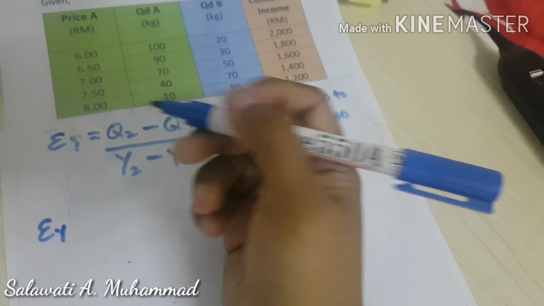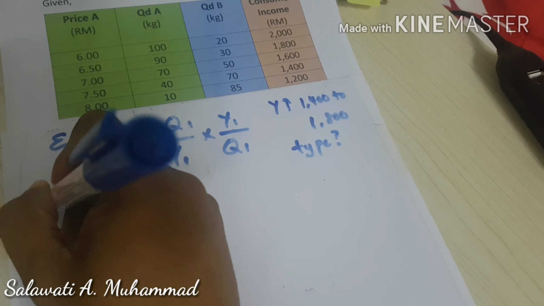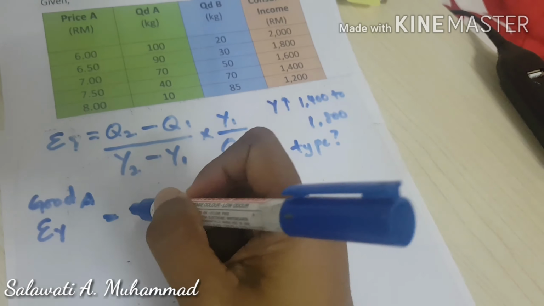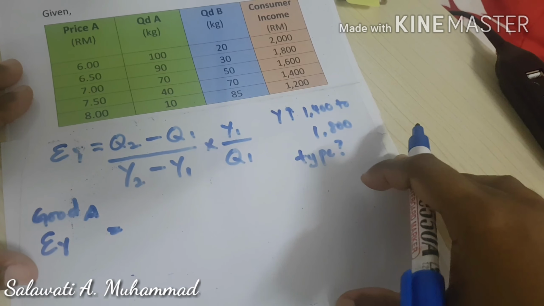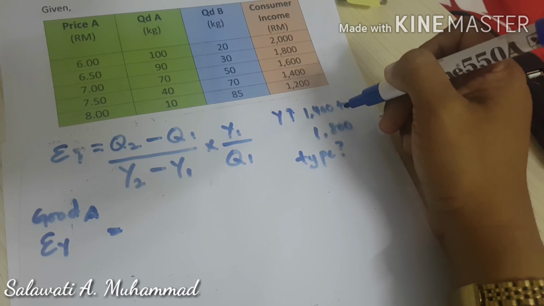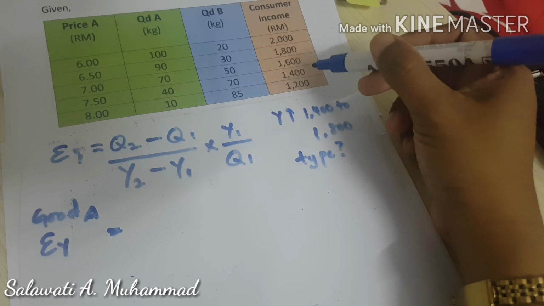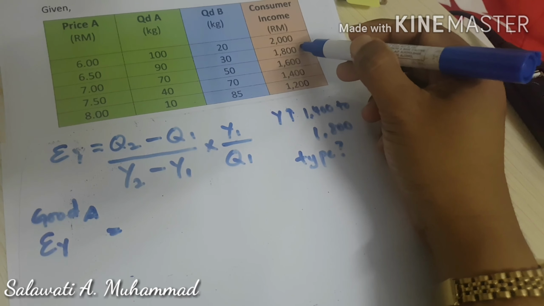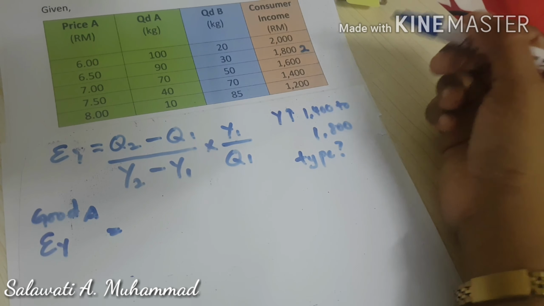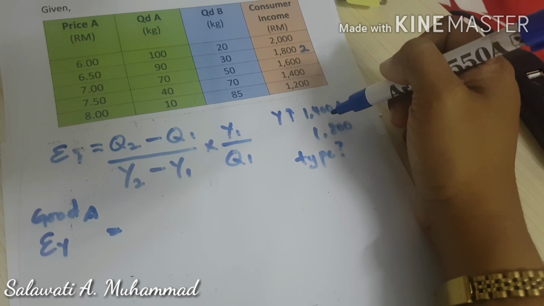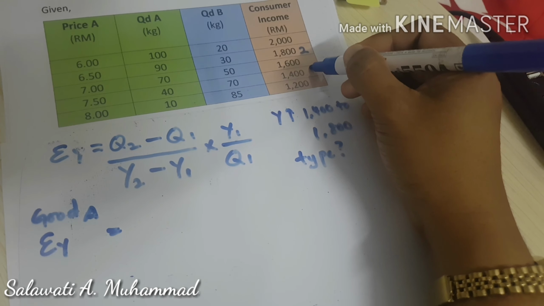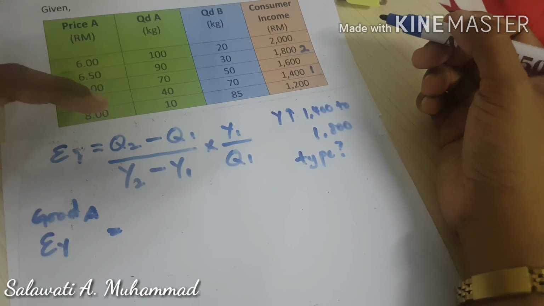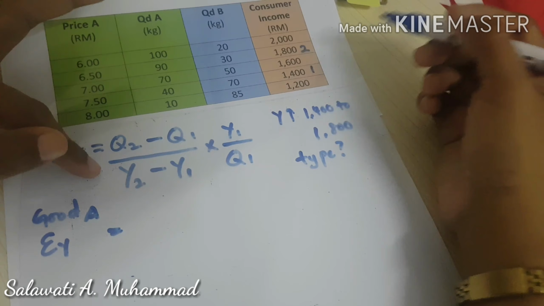Income elasticity of demand for good A. Meaning quantity here, we choose quantity A. Income increases from 1,400 to 1,800, meaning 1,800 is Y2. 1,400 is the old income, so it is Y1.